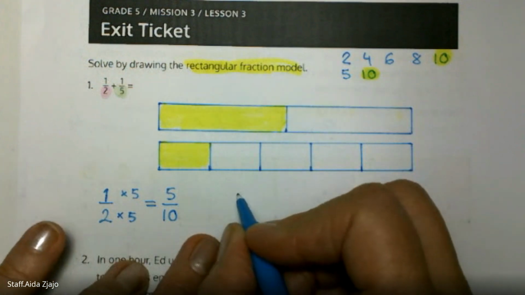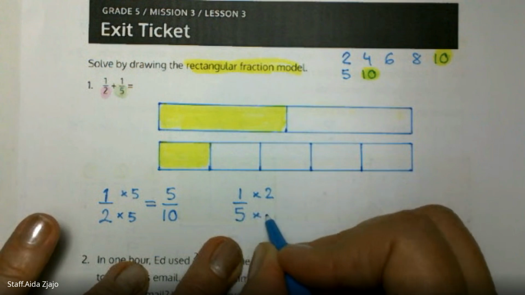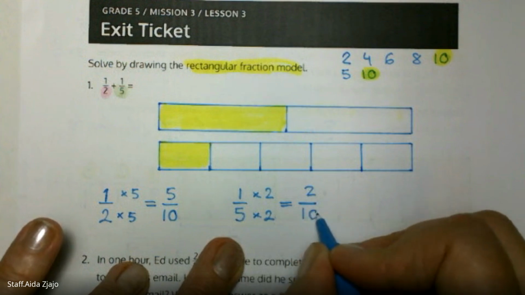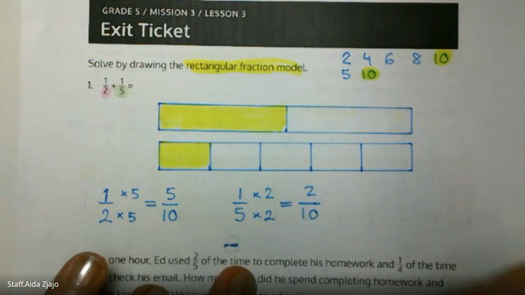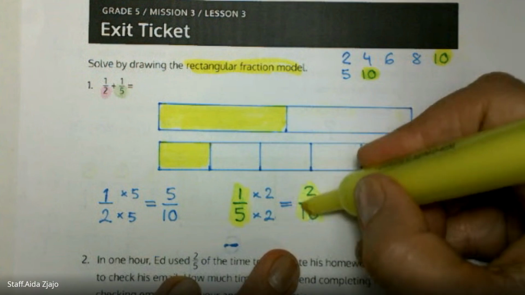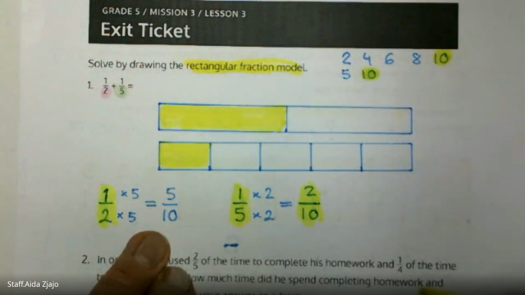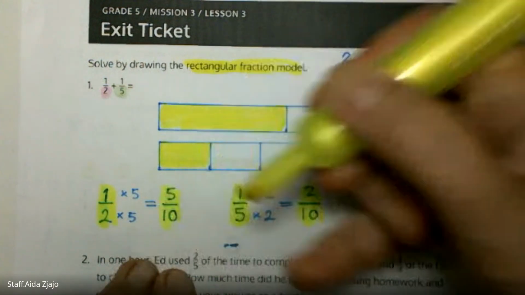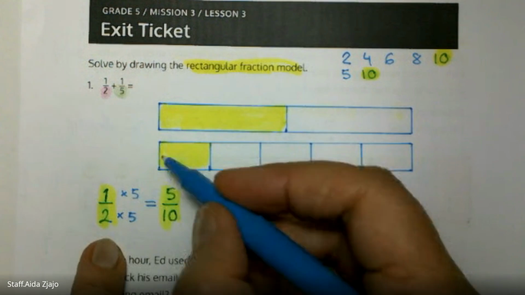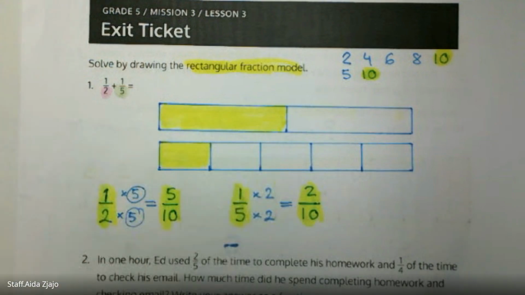And if I have 1/5, if I multiply by 2, I will get 2 tenths from there. So 1/5 will make me 2 tenths, and 1/2, I will get 5/10. So what that tells you is that if I have a half, I should cut it in 5 pieces and I will have a tenth.